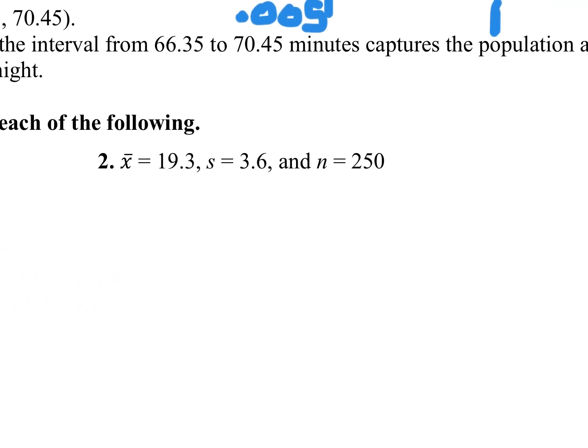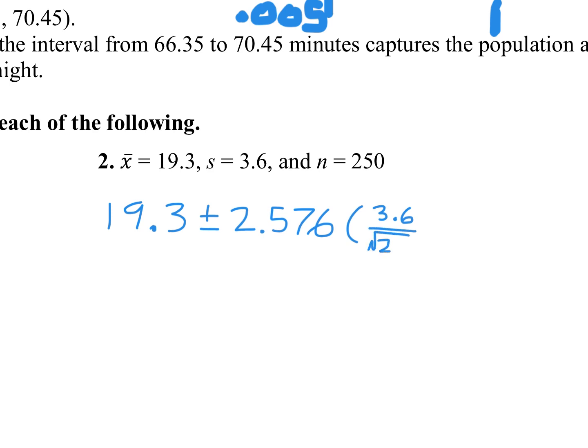Number 2 is pretty much the same thing. Show your work. You want to start at the mean. Then you're going to go up and down, and since it's still a 99% confidence interval, we're still going to go up and down 2.576 standard deviations. Then we have to multiply by the standard deviation, which is 3.6 divided by the square root of n.